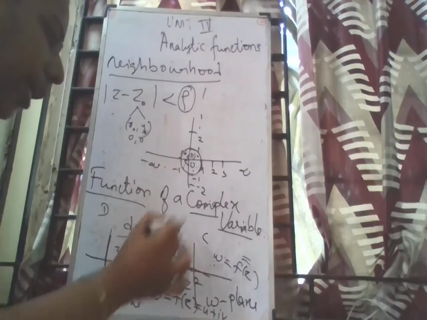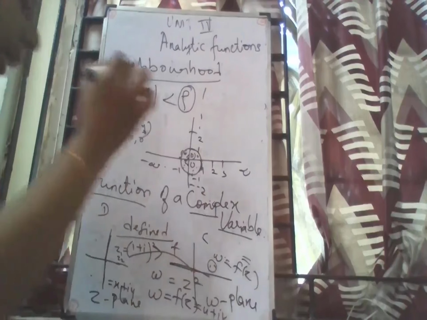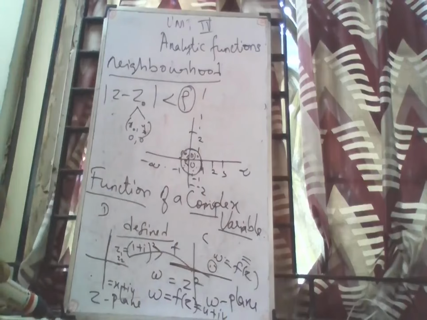The same point exists in this w plane. This is the actual meaning of a function of a complex variable.